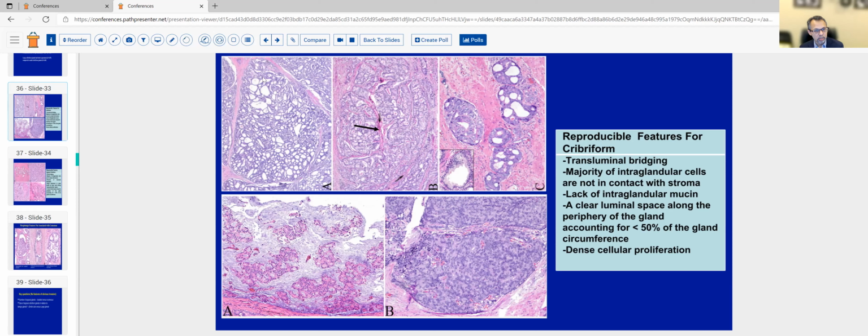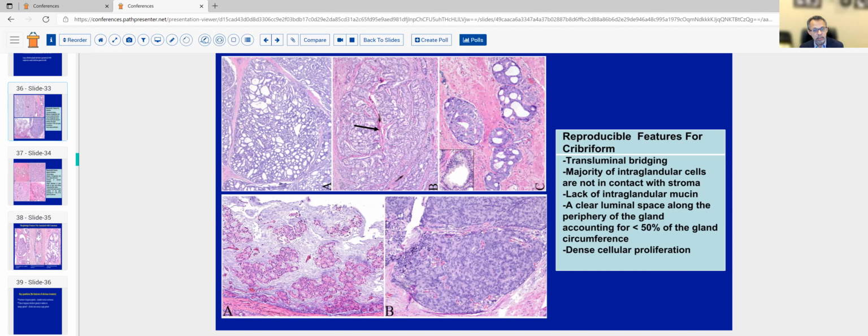There should not be any significant missing area within the gland. The majority of intraglandular cells should not be in contact with the stroma. But we have noticed that when you have very large cribriform glands, they often are divided into multiple nodules of cribriform glands by intervening stroma. So that is still okay.